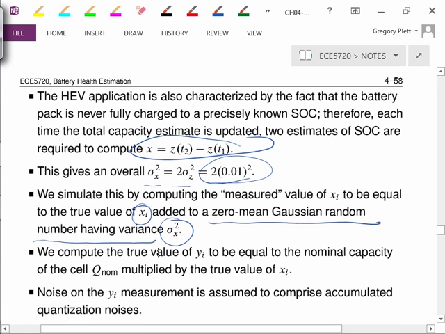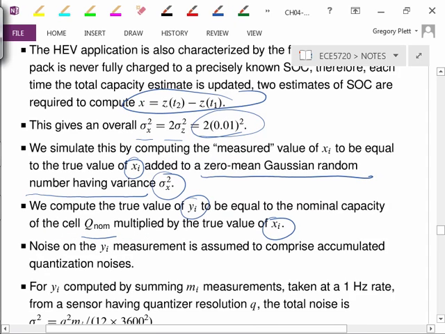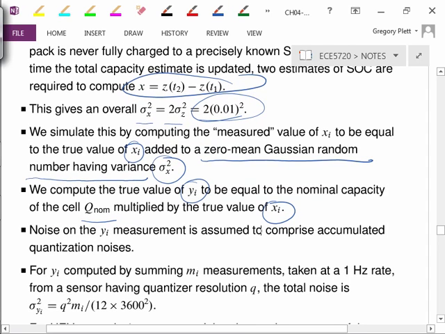The true value of yi, how many ampere hours changed, is going to be the true value of xi times the nominal capacity of the cell. The true value of change in SOC, which is the true value of xi, multiplied by q nom. That's the truth. And then the noise is assumed to be the sum of quantization noises here.